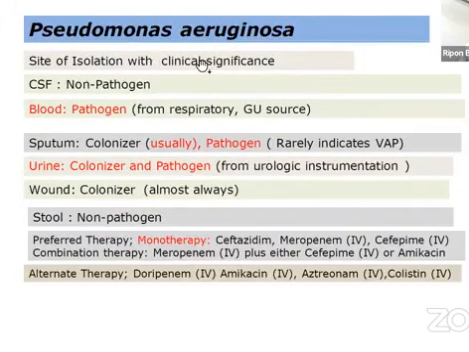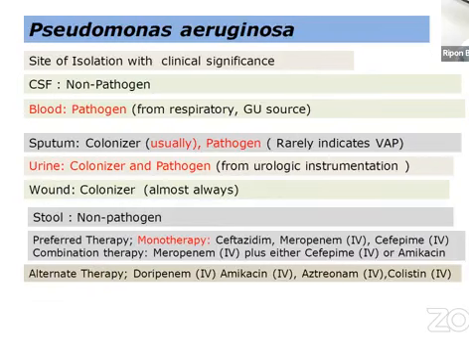Now for Pseudomonas aeruginosa. They are environmental contaminants, you know. Mostly they are non-pathogenic, but they may be pathogenic in blood, sputum, urine.